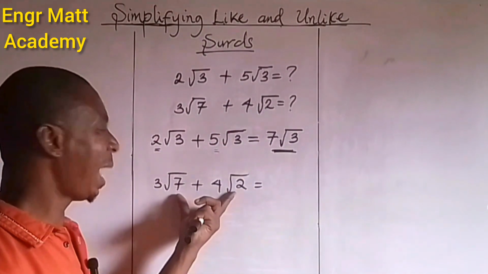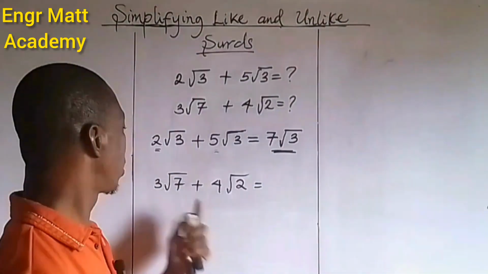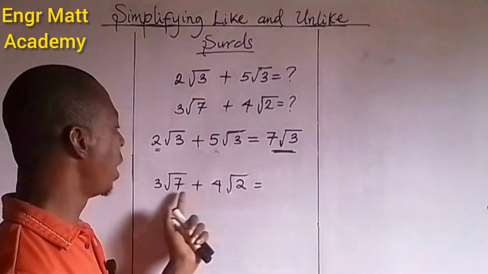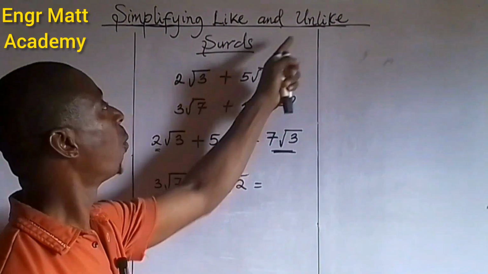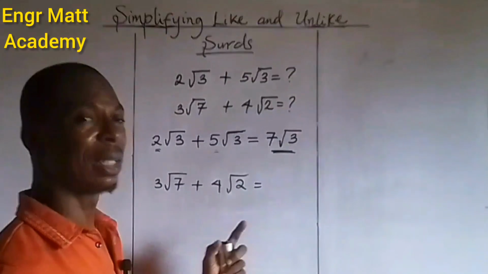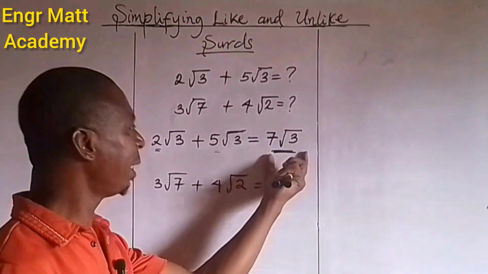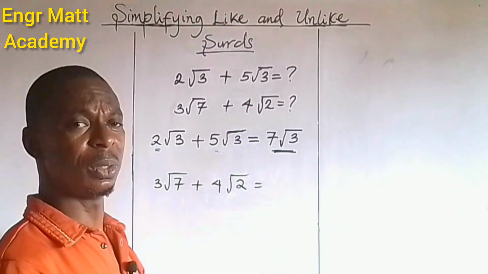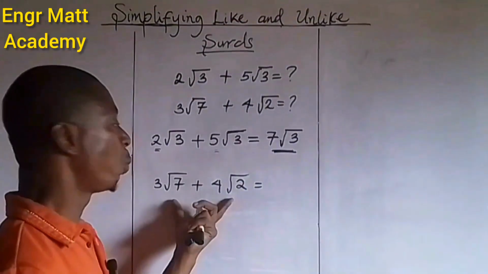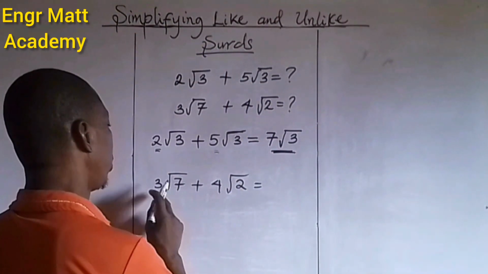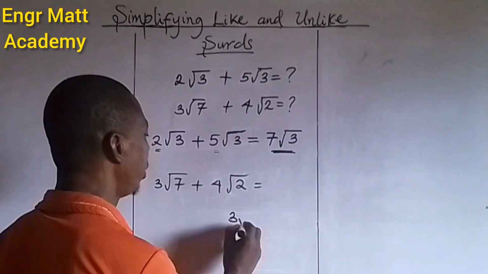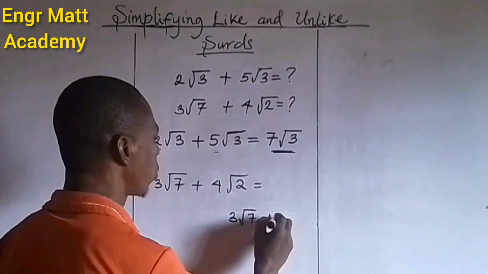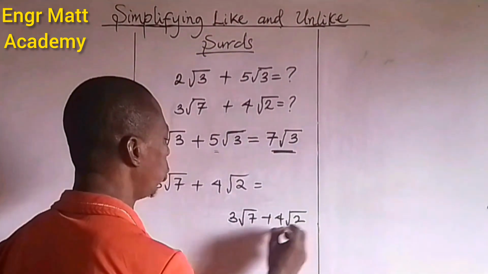Therefore, we cannot add these surds. Since they are not the same, the surds are unlike surds. And when we have unlike surds, we cannot add them or simplify them to become a single unit. Therefore, these will remain the same. That is, 3 root 7 plus 4 root 2 will remain as 3 root 7 plus 4 root 2.